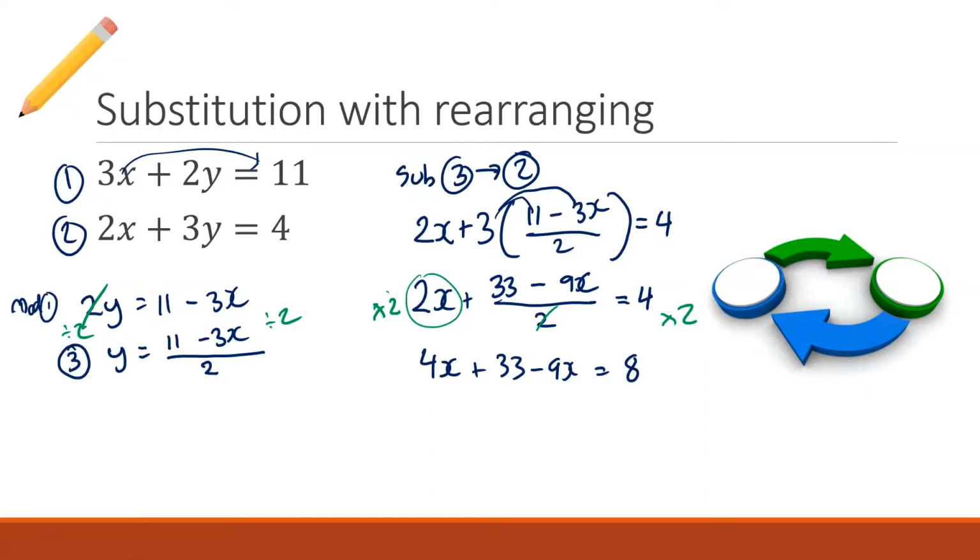Thank you. You're correct. We're going to get rid of this. Well, not 9x take 4x. You mean 4x take 9x, because we've got a negative 9x here. To get rid of this negative 9x, we're just going to go 4x take away 9x is going to be negative 5x plus 33 equals 8.